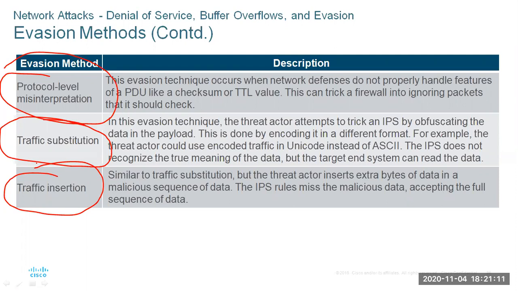Traffic substitution is a technique where the threat actor attempts to trick the IPS by obscuring the data in the payload, done by encoding it in different formats.